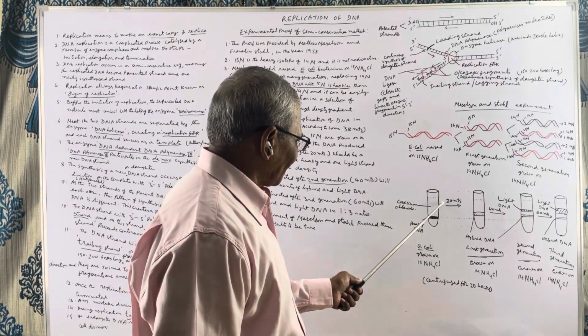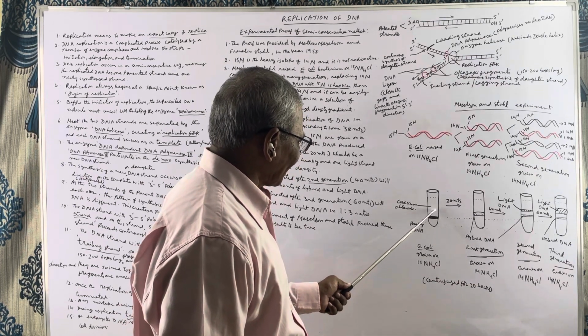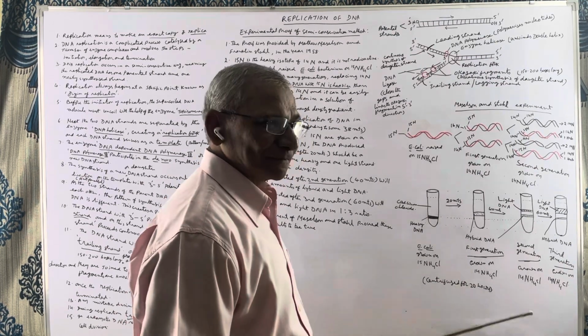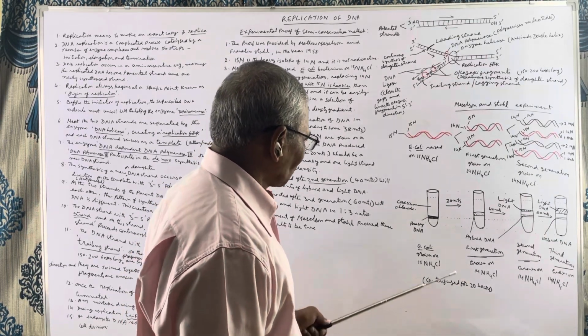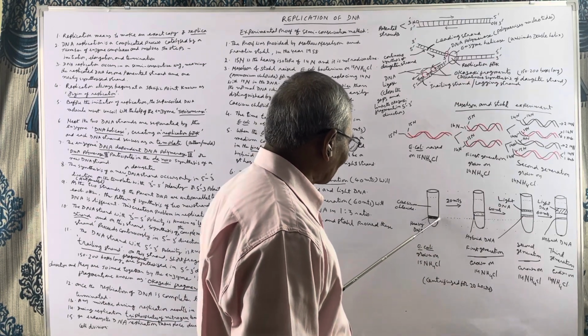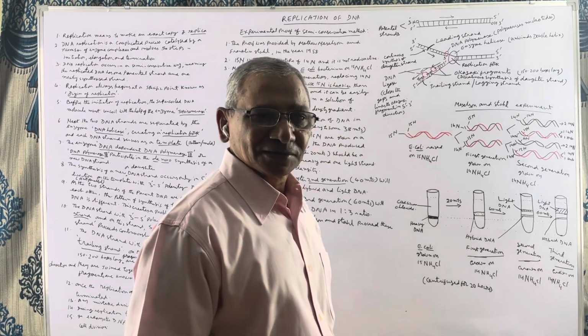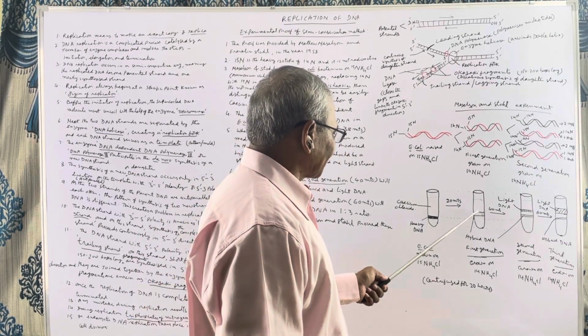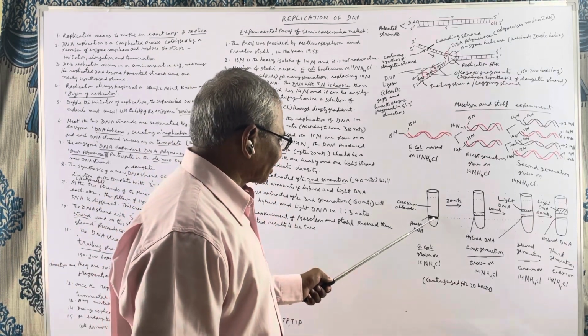If the DNA is heavy, the band forms at lower level. If the DNA is lighter, the band forms at higher level. Because it is heavy, this band is formed at lower level. But this one formed at a bit higher level than this band here, indicating the density of this DNA is less than the density of this one.